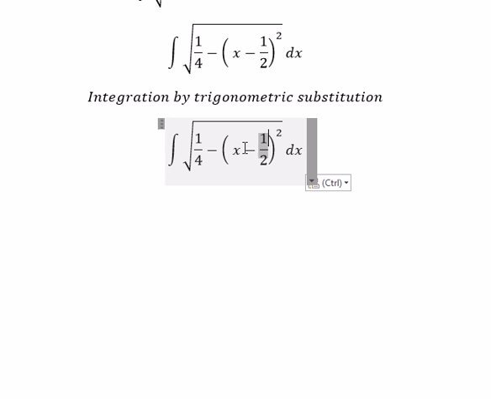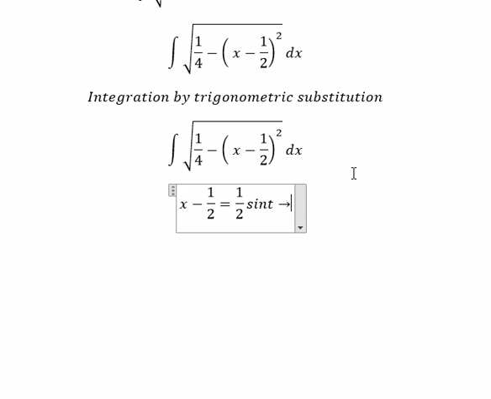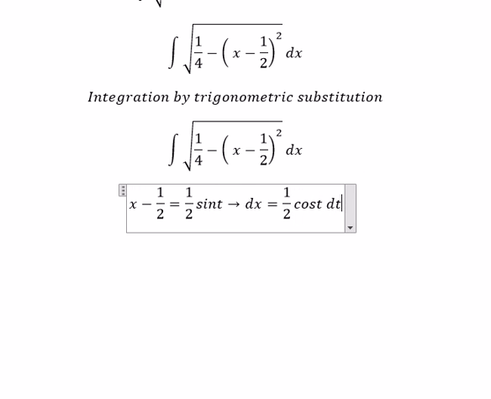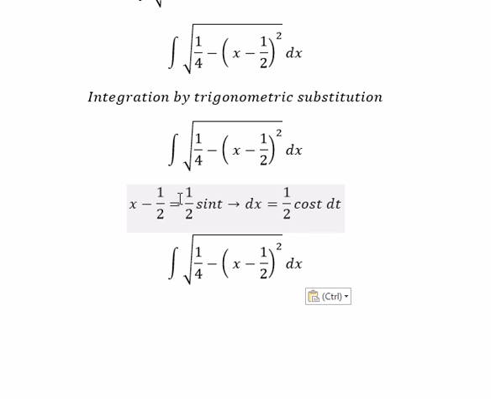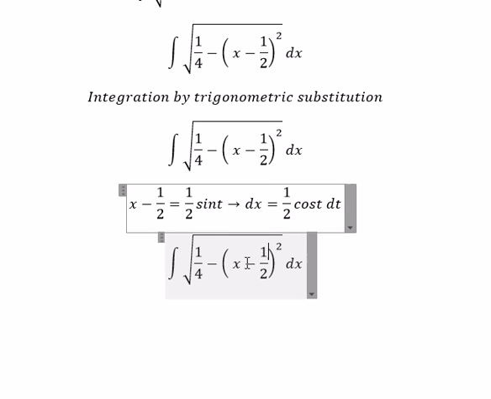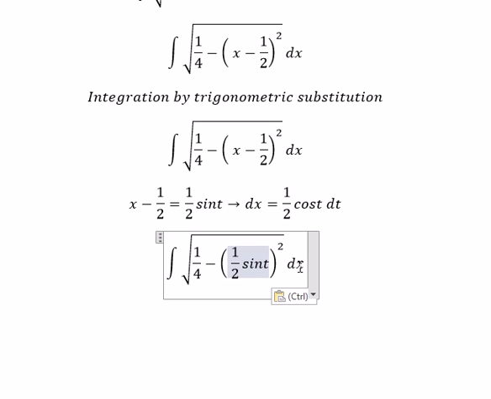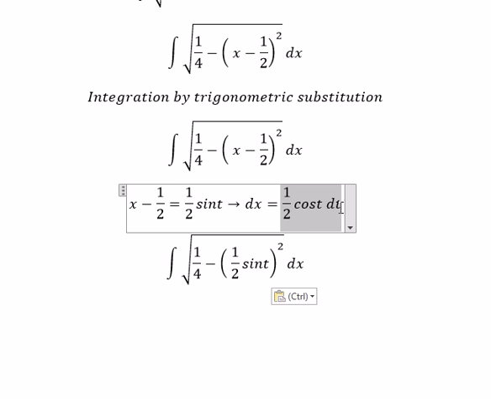So this one we can put about x minus 1 over 2 equal to 1 over 2 sine t, dx equal to 1 over 2 cosine t dt. This one we change for this one. Dx we change for this one.